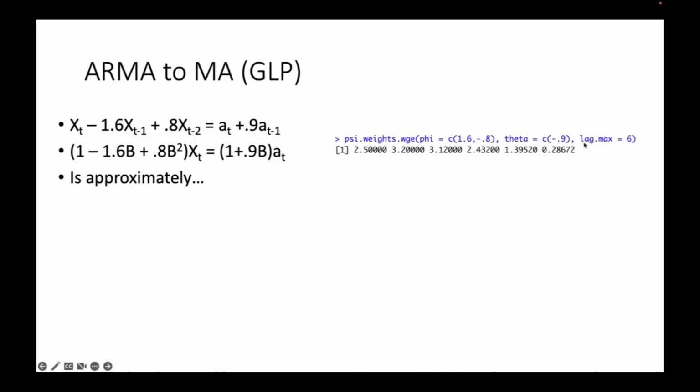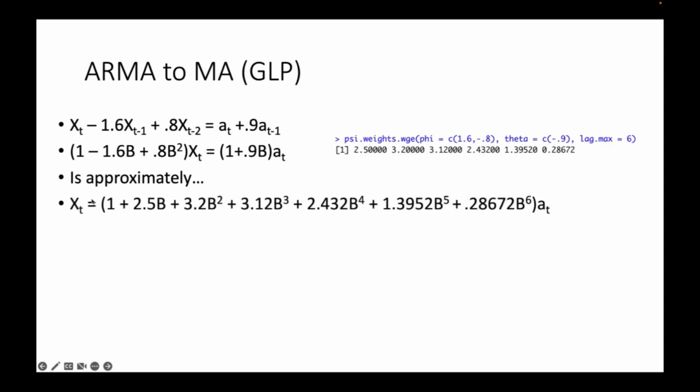This time I'm going to take it out just to show how this works. Lag.max equals 6, and so I've got 1, 2, 3, 4, 5, 6 coefficients, and doing the same way there, we've got, okay, this is x_t now, equals this function of the a_t's, and that is an approximate GLP form.